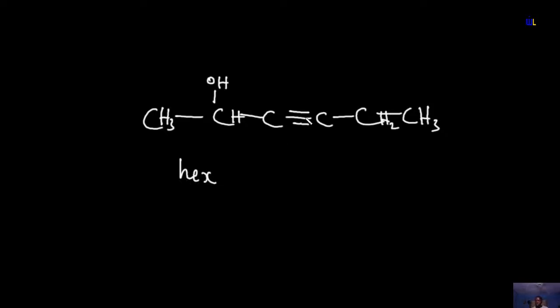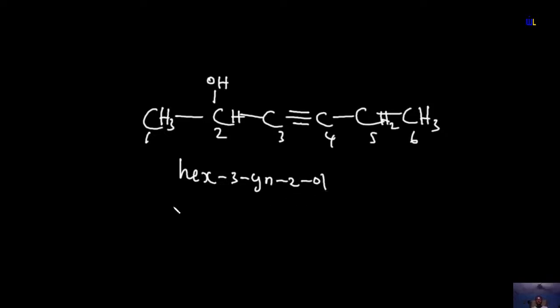And I know there's a triple bond, which is yne. I'm allocating locants from this side because OH is above alkyne, so it's 1, 2, 3, 4, 5, 6. So this is going to be hex-3-yne, but I'm not just going to put the ol. Where is the ol located? On number 2: 2-ol.